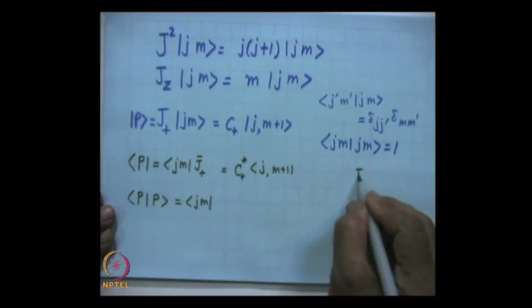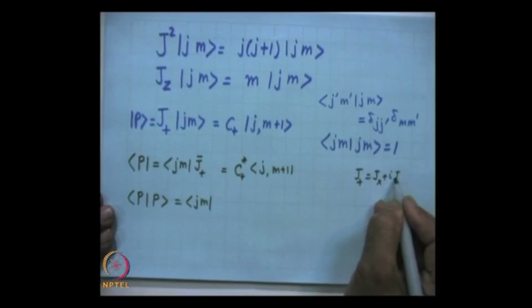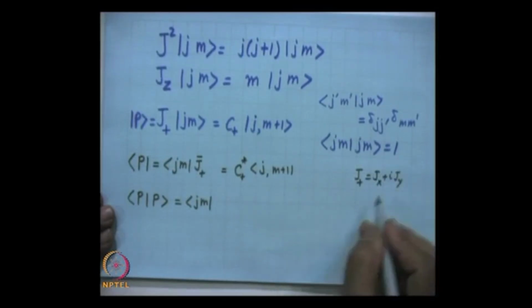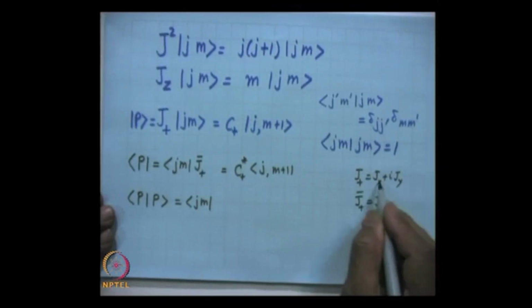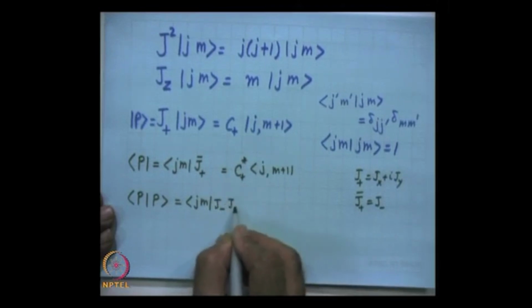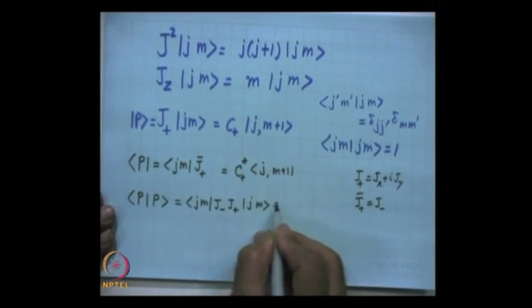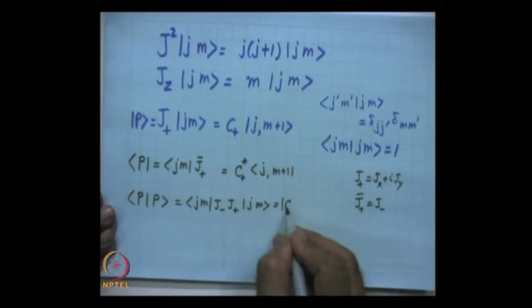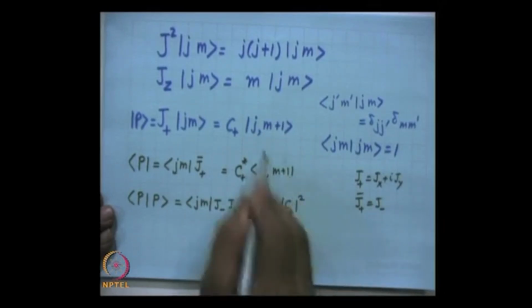You see J plus is equal to Jx plus i Jy. So, J plus bar is J minus, because this will be Jx minus i Jy. So, this is bra jm J minus J plus ket jm, which is equal to mod C plus square, and this times this is 1.